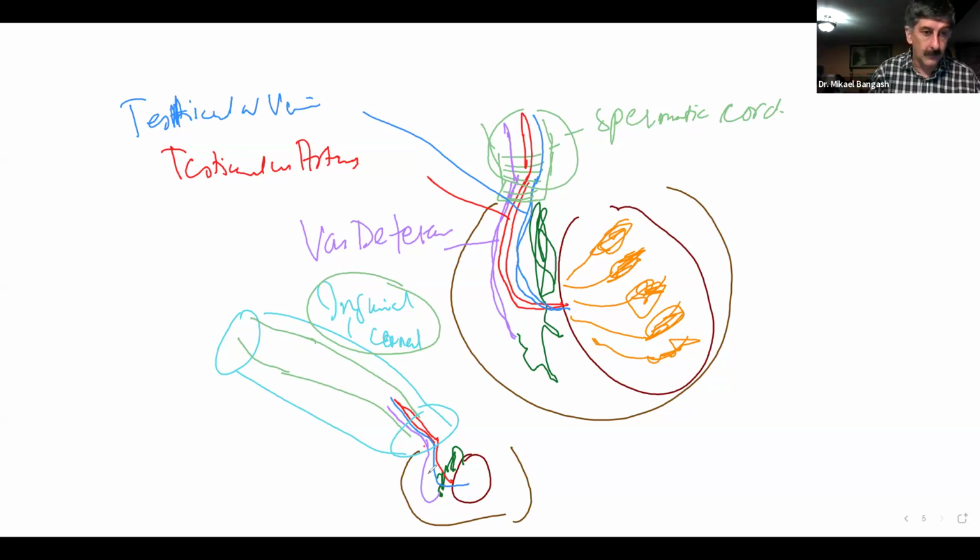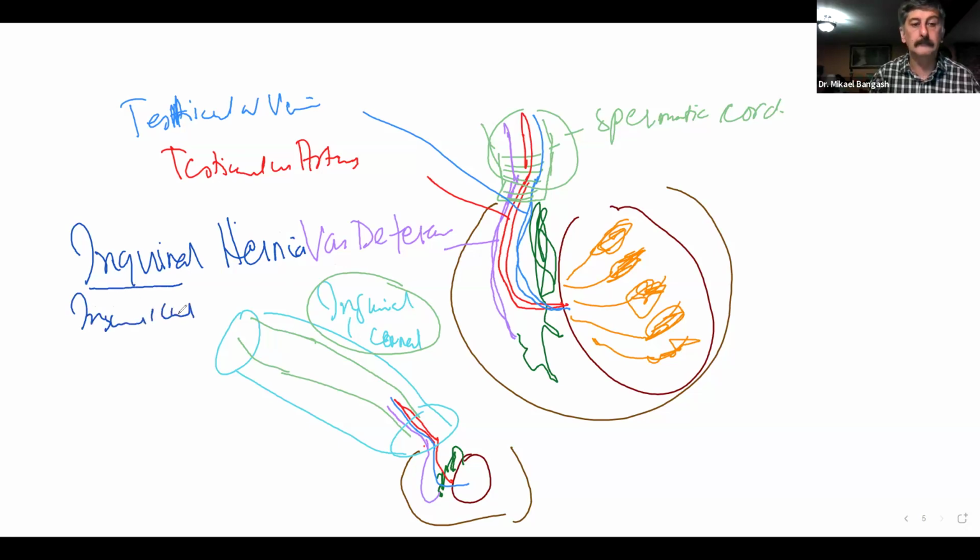Now, some of you may have heard the term inguinal hernia. Why would we call it inguinal? Mainly because this happens in the inguinal canal.